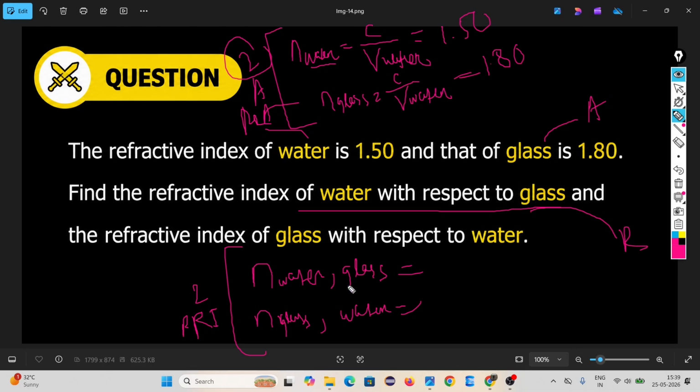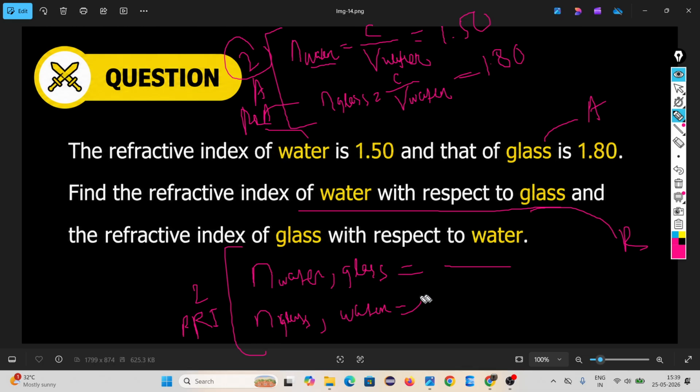We have to find n of water with respect to glass and n of glass with respect to water. Then how to find? Okay, tell me. What should the formula for n of water with respect to glass be? It is relative, that's why the comma, glass.